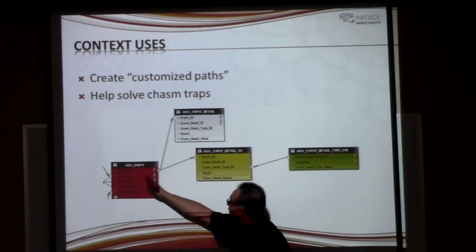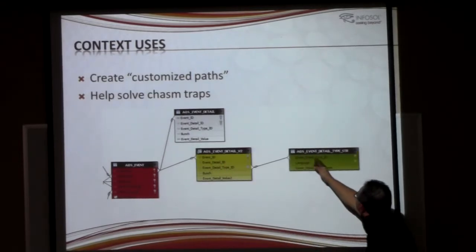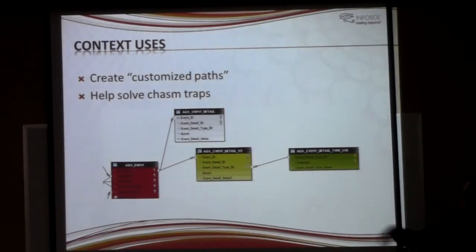Context 2 is the path goes from this table to the event details types to the event details type string. Okay, so you'll see that in a moment. We'll go ahead and I'll show you in the tool how you go about doing that.